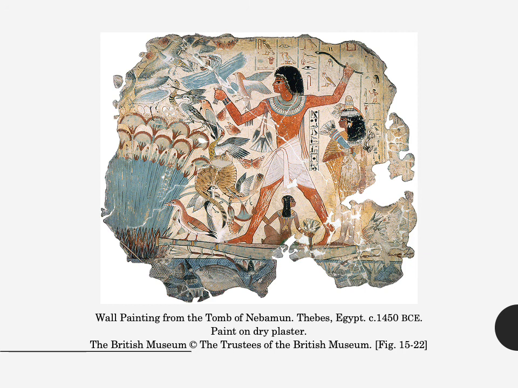The pharaoh is the largest figure here. After that, it's the queen and their daughters. The painting was again the same style for years and years, and they wanted to keep it that way.